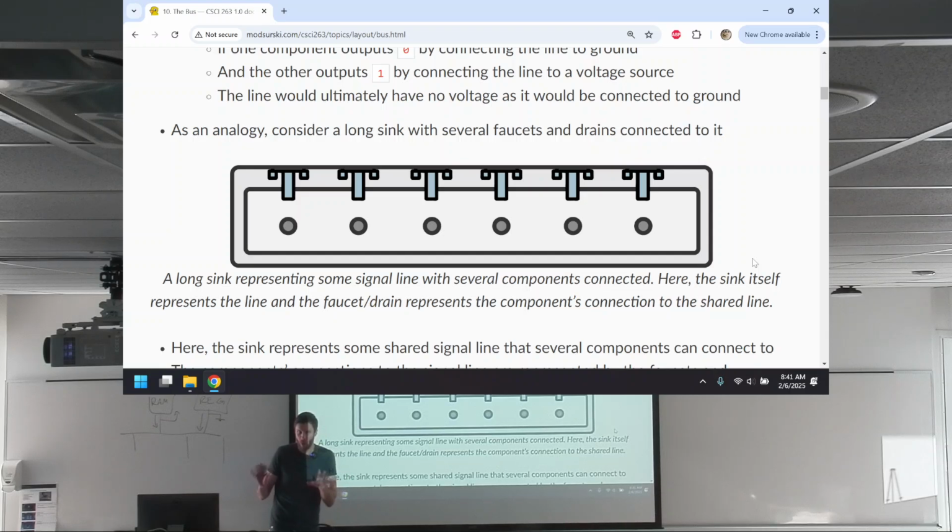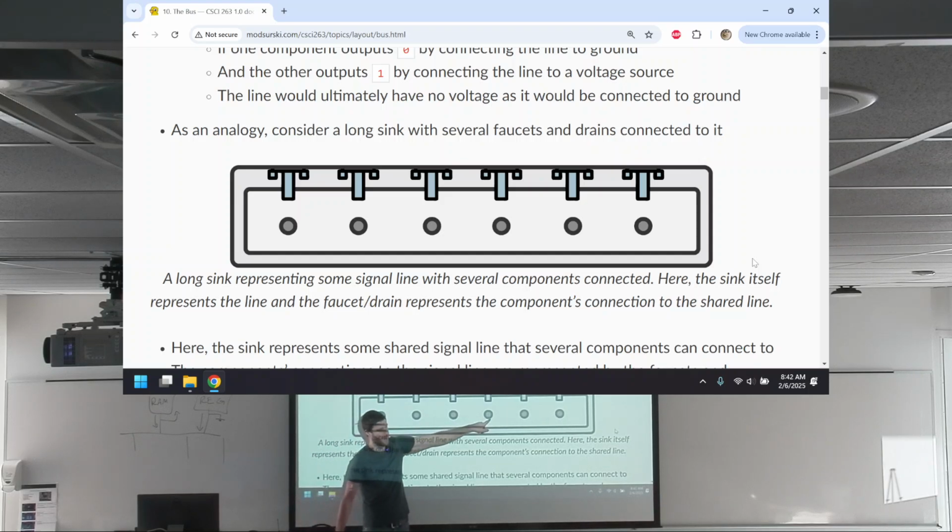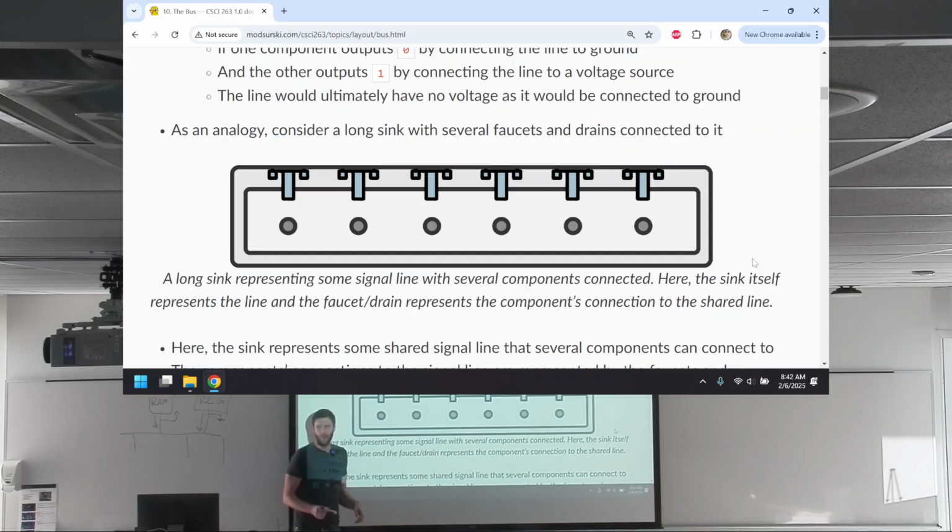All of the other components, if we add water, we're going to have a problem, right? Because I want only the data from RAM, from this component, to go to that output register. For all the other components, the faucet should be off and the drain should be closed. They're doing nothing. Okay? That's the idea.